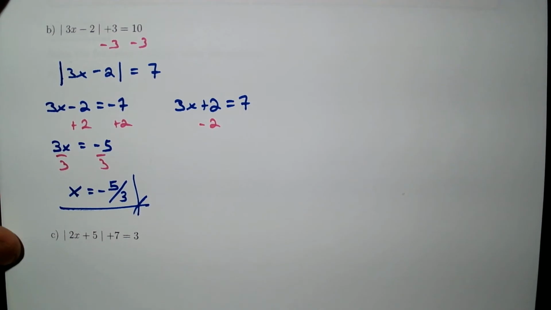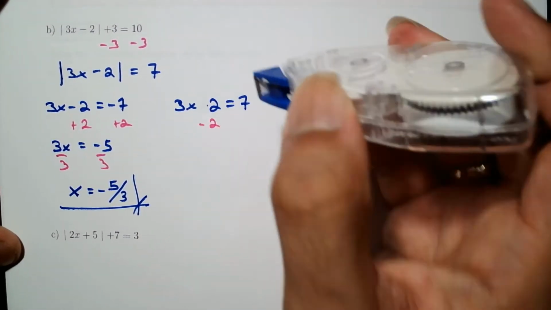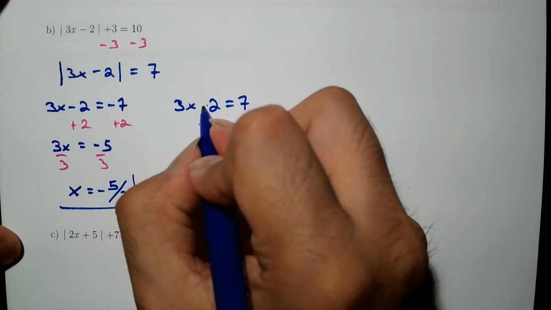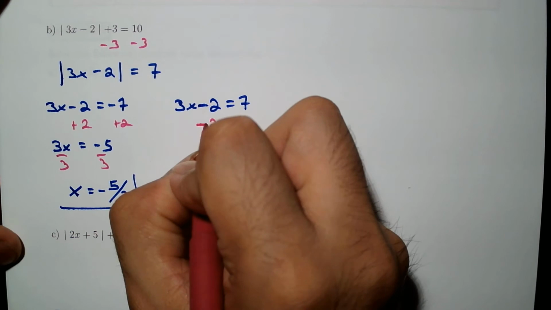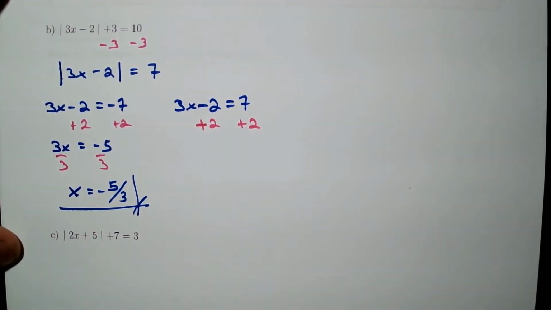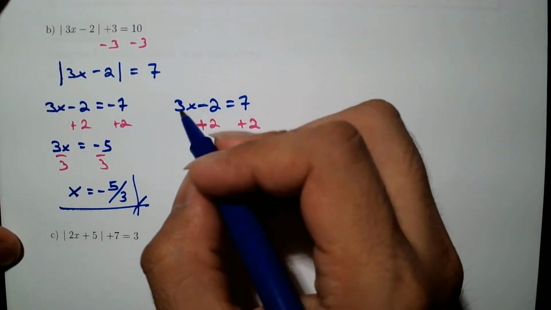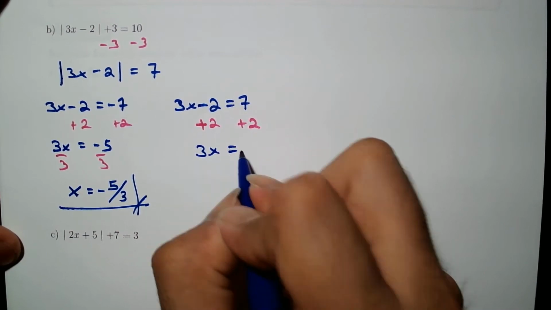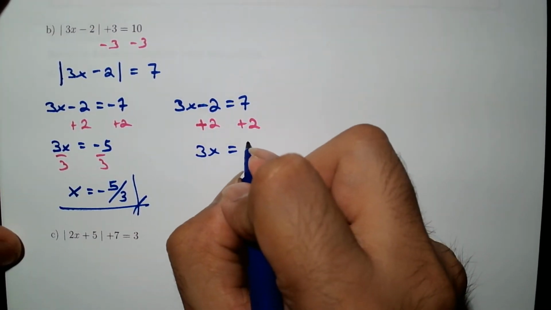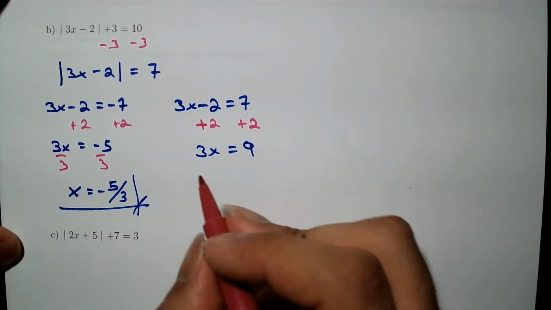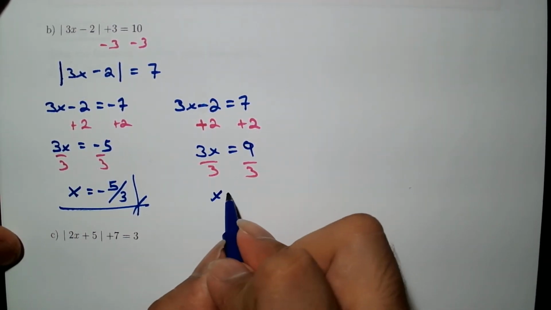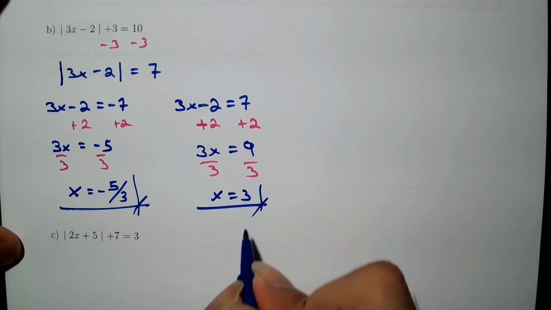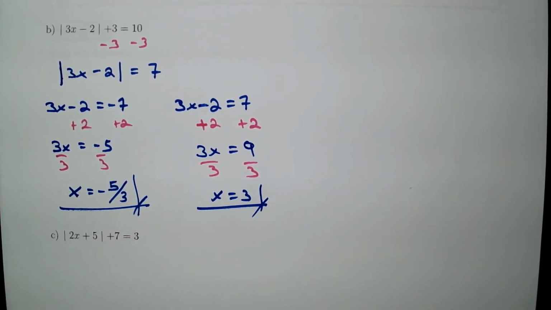By the way, I made a mistake here. This must have been a negative 2. So let's add 2. So 3x equals 9, and divide both sides by 3 to get x equals 3. So two solutions in this case.